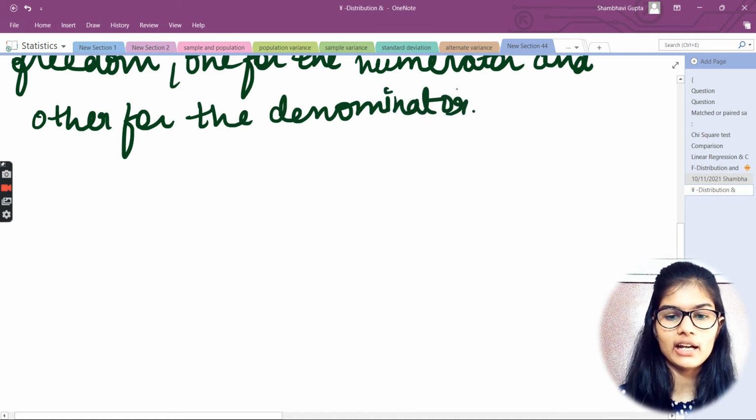Fine. So here we have two sets of degrees of freedom. One is for the numerator and the other is for the denominator.